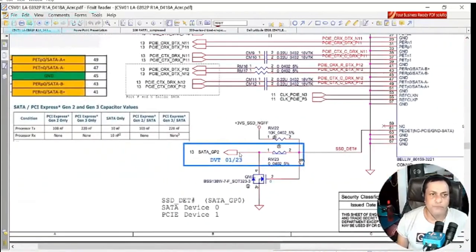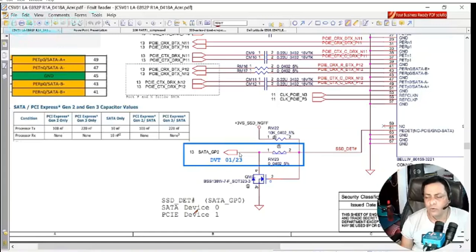Here is the one SATA detection ID. As it is mentioned here, what do you want to work, SATA or PCIe device, and how do you find whether it is SATA or PCIe? In the ROG I received, the hard drive was not working, and there was a similar option given there.